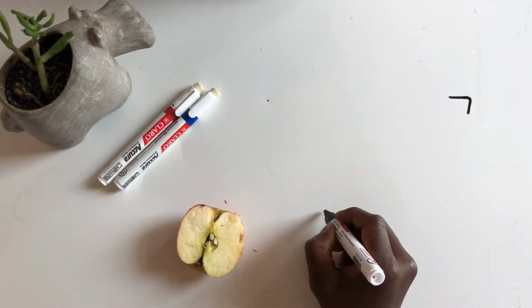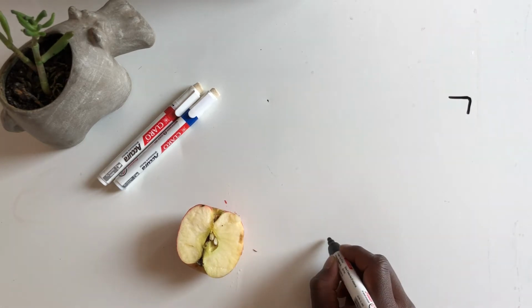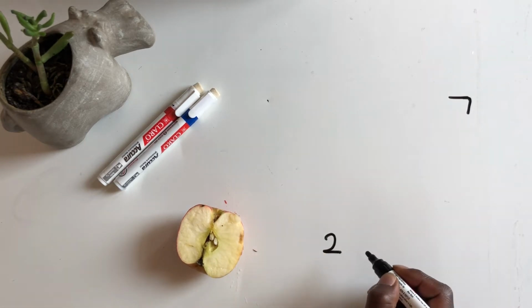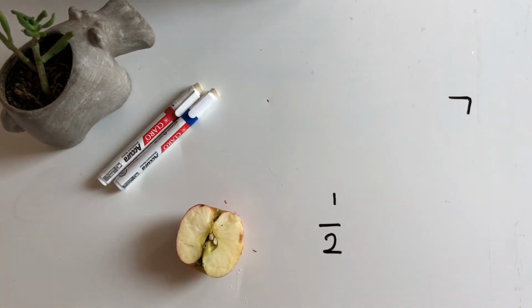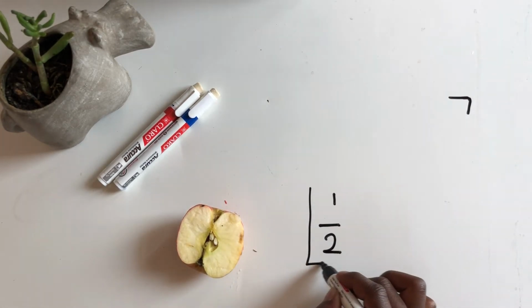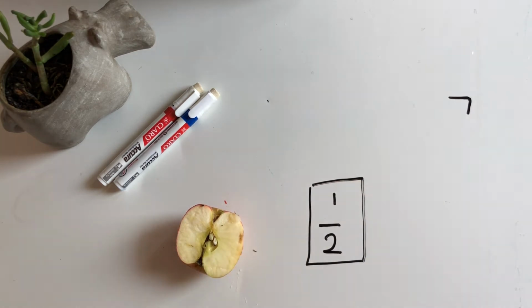So we will say that I have divided it into two and I have eaten one. This is an example of what we call a fraction, okay? We use fractions to describe parts of quantities, okay?